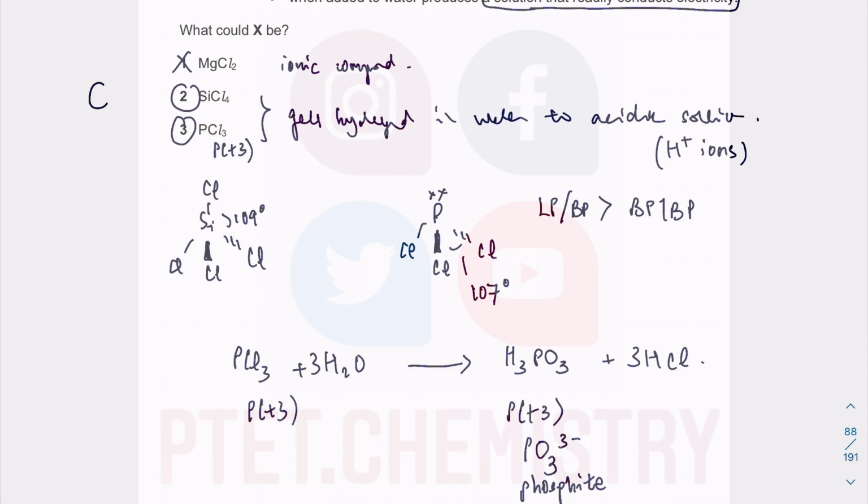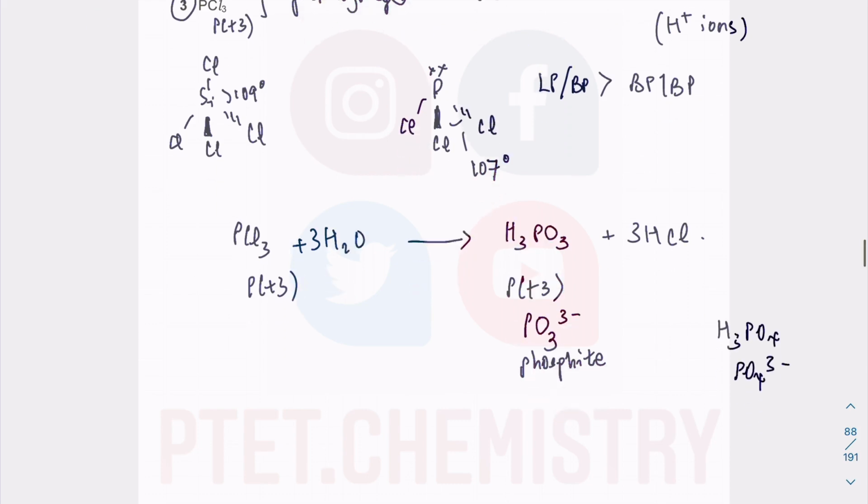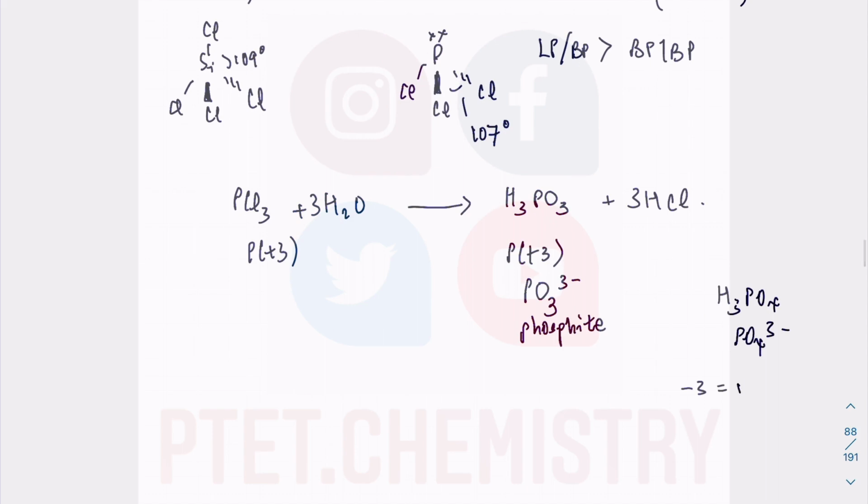Okay, if you try to balance it with H3PO4, H3PO4 is PO4 3- anion, and that one is -3 equal to phosphorus plus 4 times -2, phosphorus -3 plus 8, that is phosphorus +5. That is what you get when you reacted PCl5 with water. This is not a redox, this is simple hydrolysis.